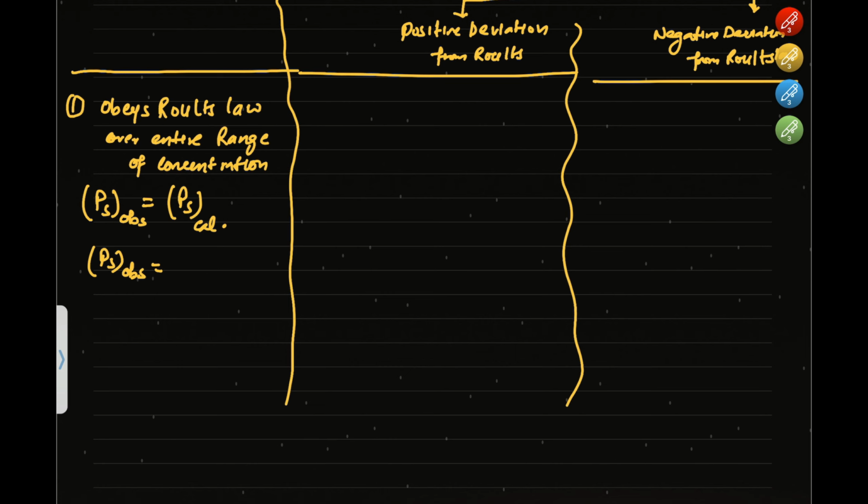We can write it like this: vapor pressure of the pure solvent A and the mole fraction of component A, plus vapor pressure of the pure component B and the mole fraction of component B. This is the vapor pressure of the solution calculated from Raoult's law, which is equal to the vapor pressure observed experimentally.